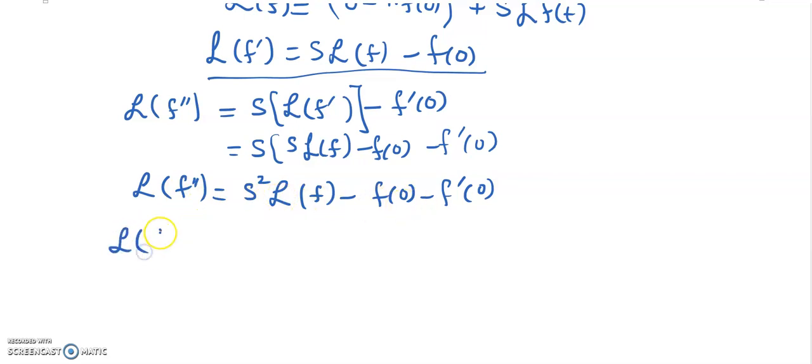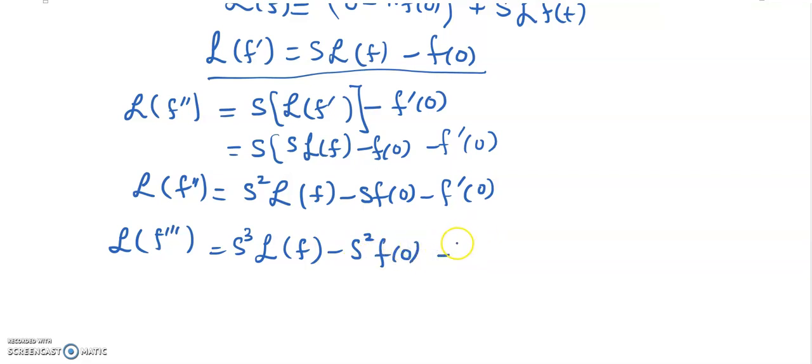Similarly we can expand it to the third derivative in the same manner. It will be s cube times the Laplace of f, minus s square times f of 0, minus s times f prime of 0, and then minus f double prime of 0 as the last term.